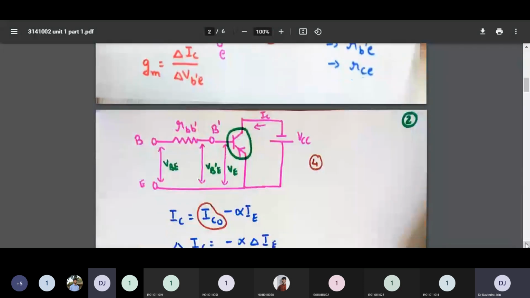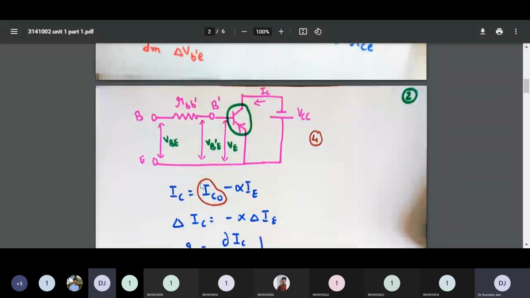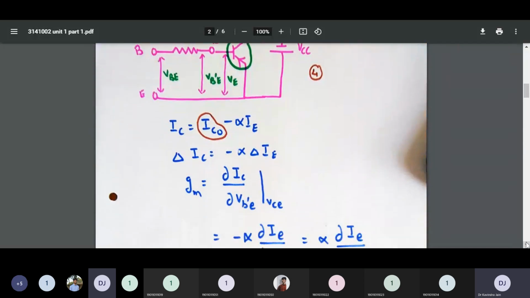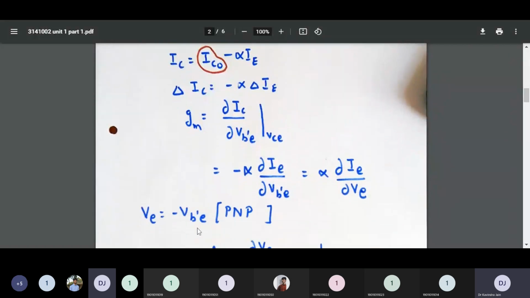Now, from the Giacoletto model, we moved on to hybrid pi conductances. This hybrid pi conductance came into the picture because of this ICO, which is approximately considered to be constant. Based on this, we calculated the transconductance gm for VCE constant, and for a PNP transistor this would become negative.